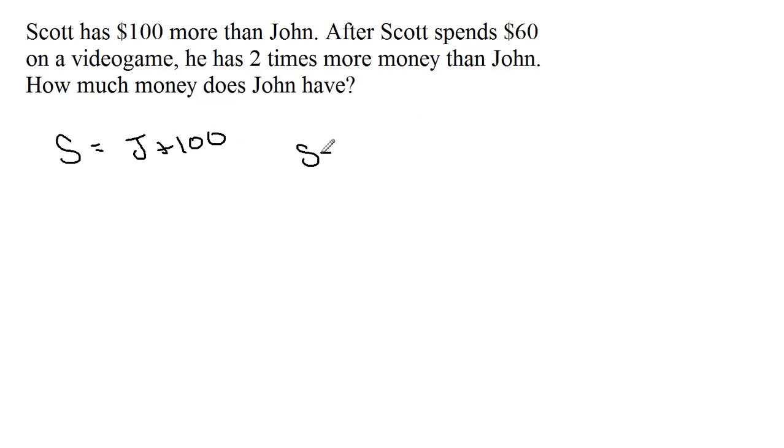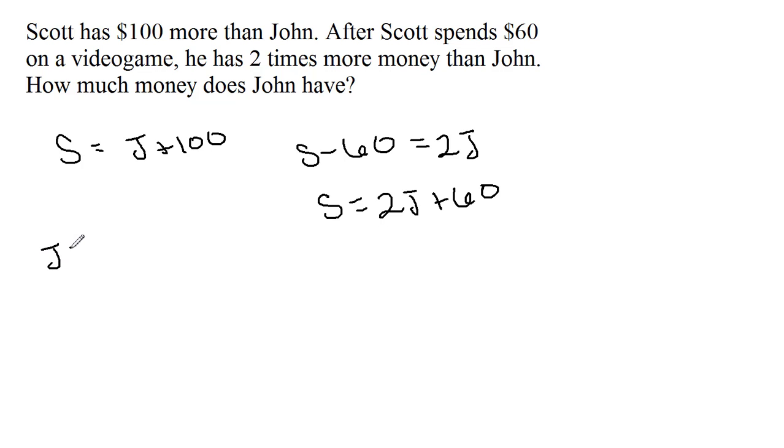Also, after Scott spends $60, he has 2 times the amount that John has. So we're going to solve for S by adding 60 to both sides. Now, because S equals S, we can set both of these equations equal to each other.